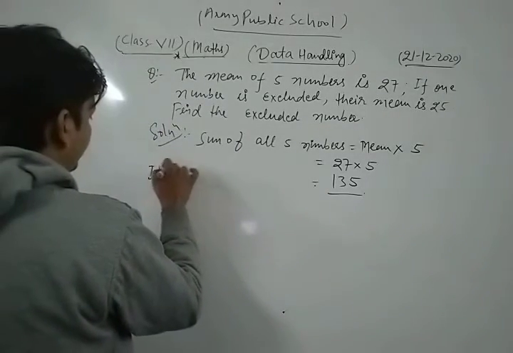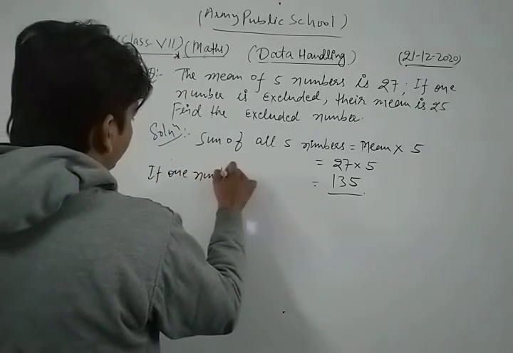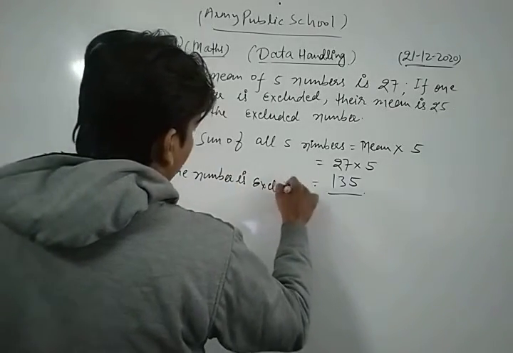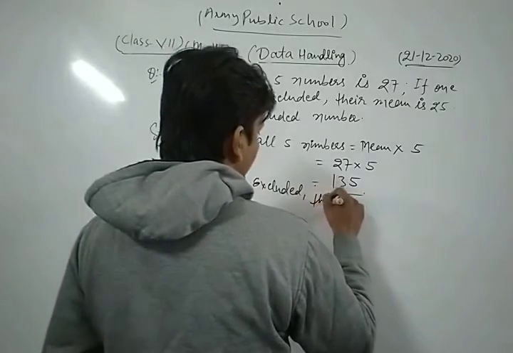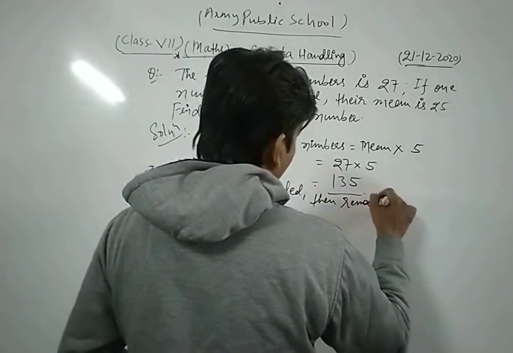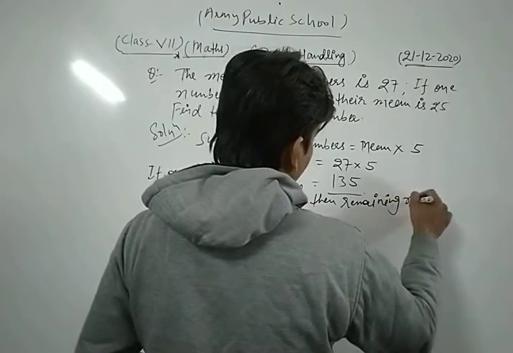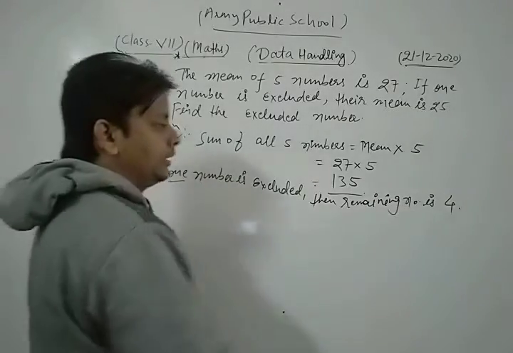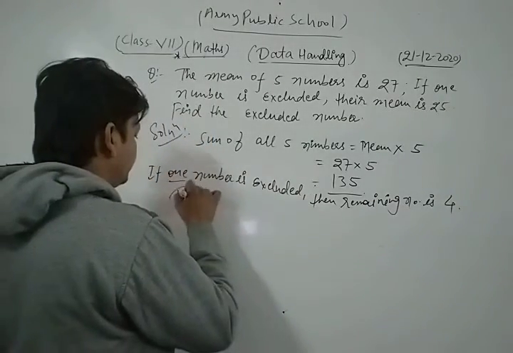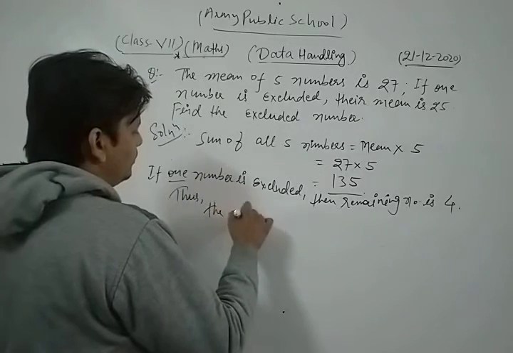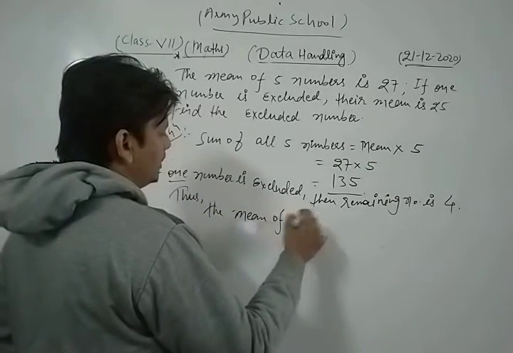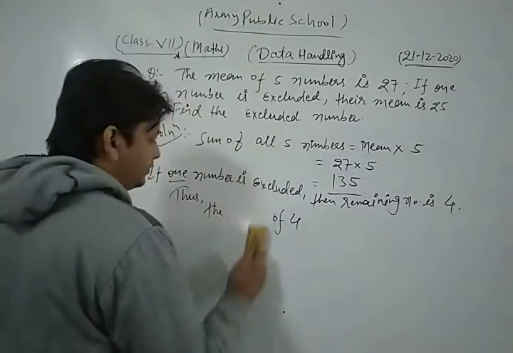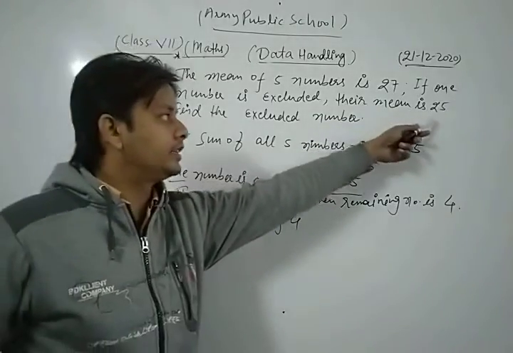You write it this way: if one number is excluded, then the remaining numbers are 4. Thus the mean of the remaining 4 numbers is given as 25.